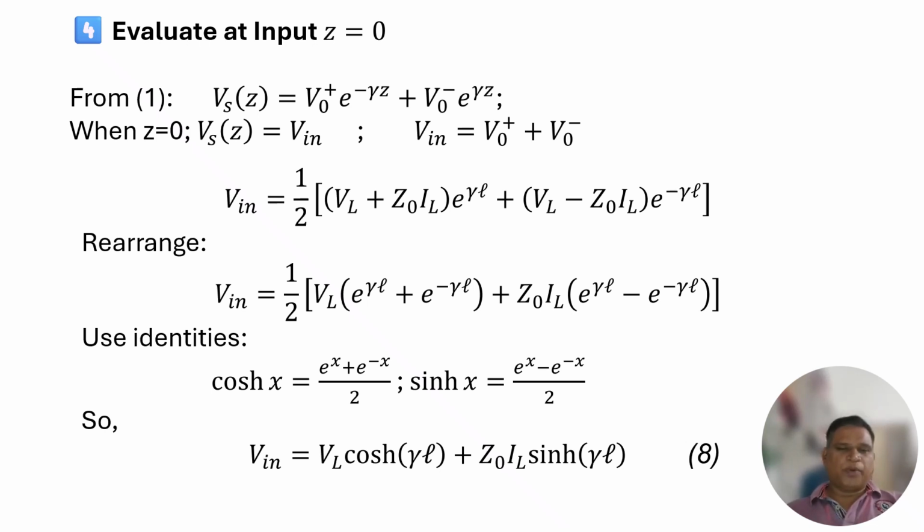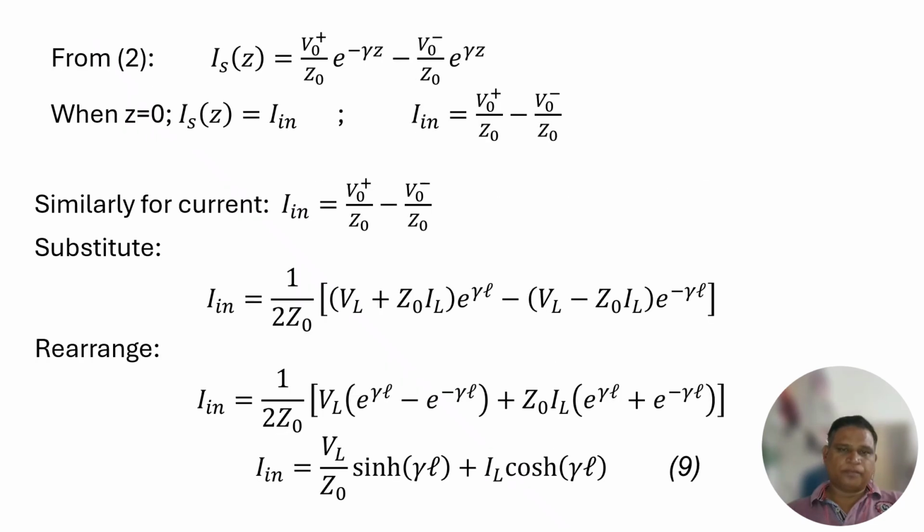Here, for the hyperbolic functions, cos hyperbolic x is equal to (e power x plus e power minus x) by 2. Similarly, sin hyperbolic x is equal to (e power x minus e power minus x) by 2. So by rearranging these terms, you can write Vin is equal to VL cos h gamma L plus Z naught IL sin h gamma L. From equation 2, also we'll get Iin is equal to this equation.